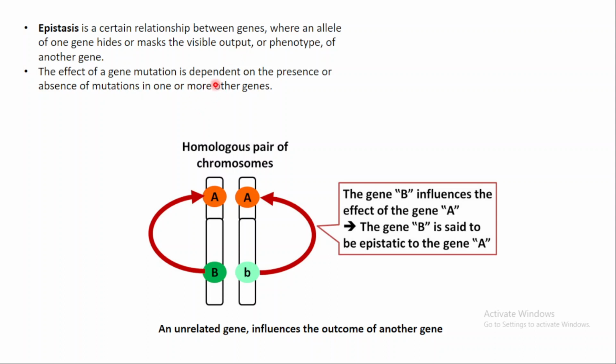So A is epistatic over C. The effect of gene mutation is dependent on the presence or absence of mutations in one or more other genes. So this is another representation of epistasis in which mutation in one or more genes can cause the effect in the downstream gene.